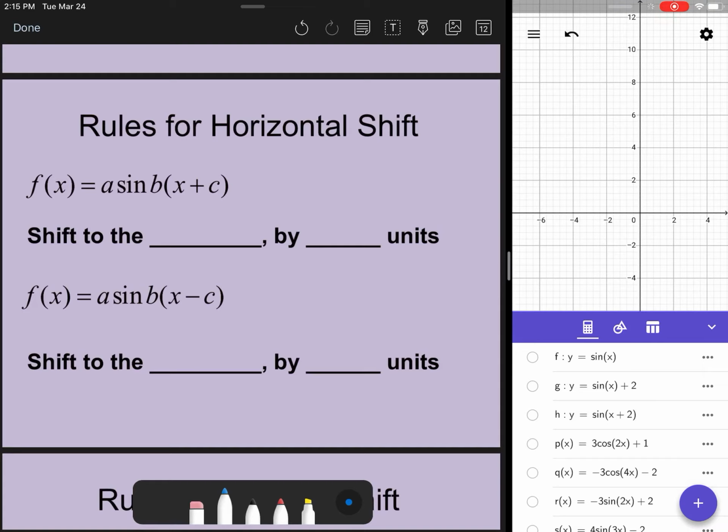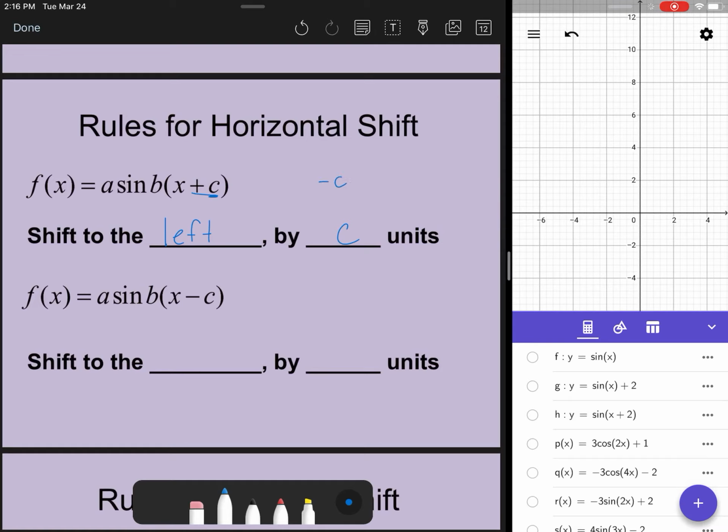Okay, so rules for horizontal shift. In this first graph, okay, notice that C is on the inside and it's positive, so it's going to be a shift to the left by C units.